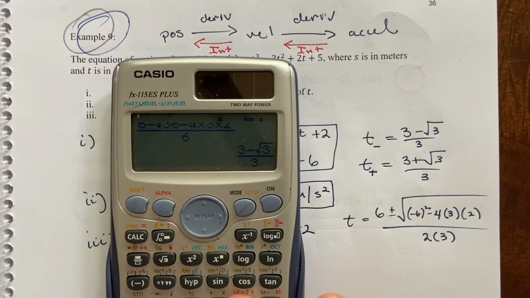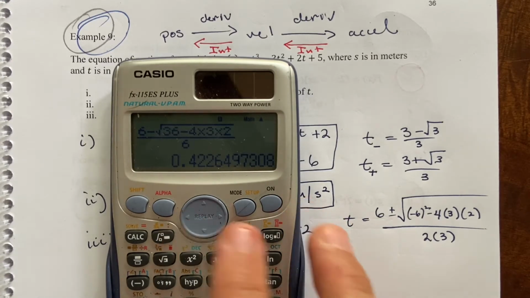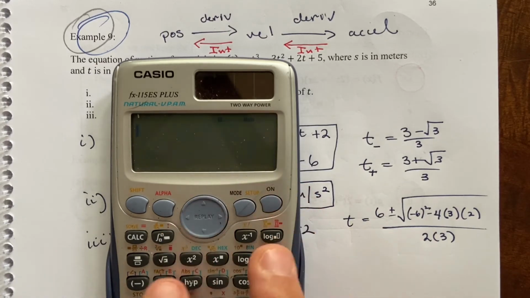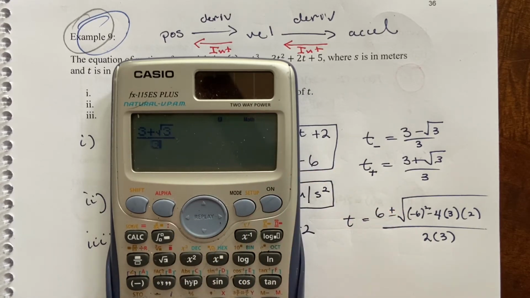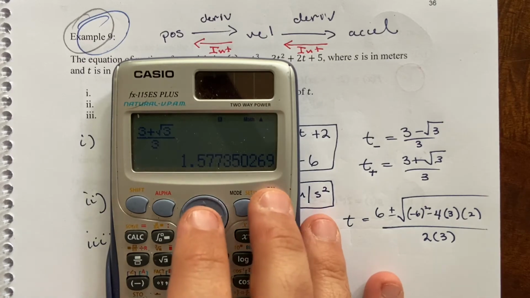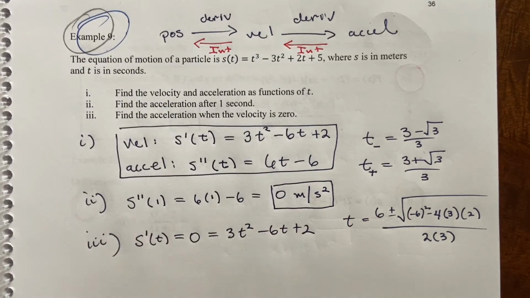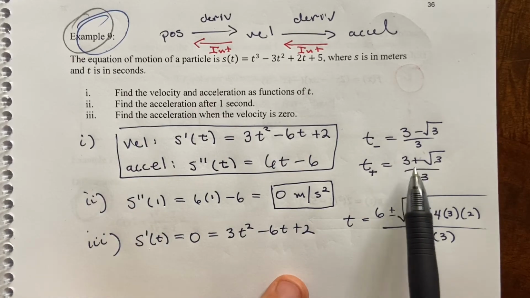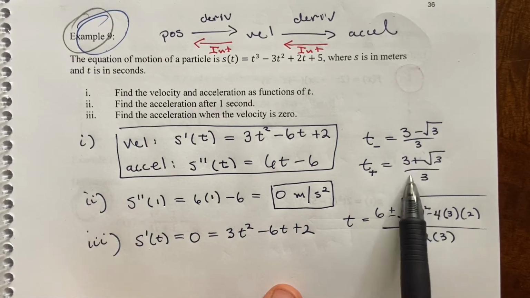Let me see what number this is. This is 0.422, okay. Just making sure that we don't have negative times. And then for the other one, of course we don't have a negative time there. So these will be our times. It said find the acceleration when the velocity is 0. These two times are when the velocity is 0.